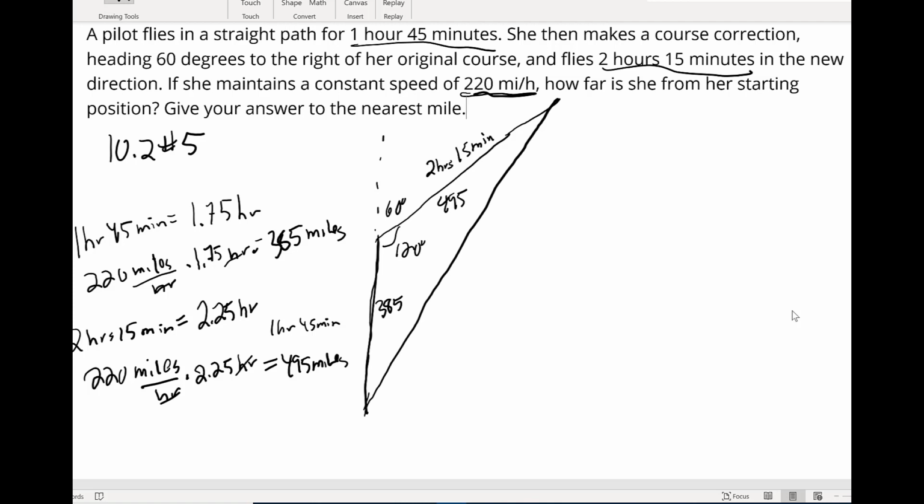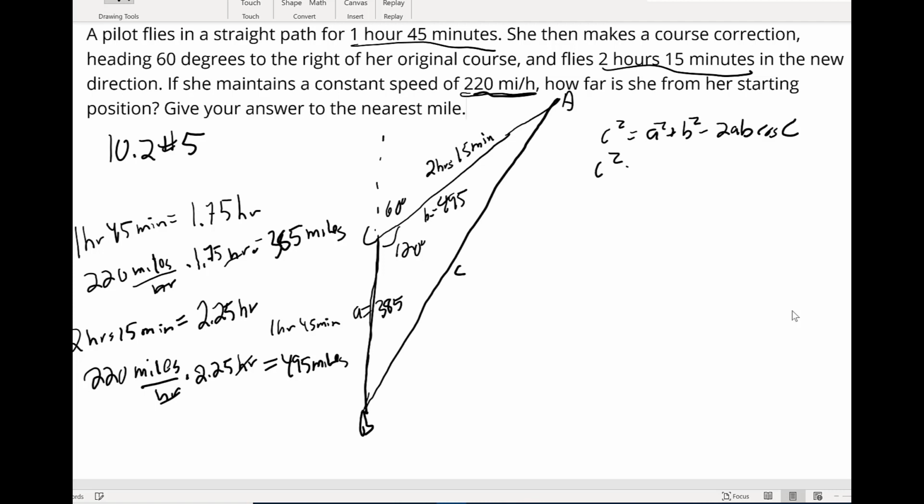So if we need to call it something, I'll call this A, call this B, this makes this little b, makes this little a, and this is c. We would say c squared, by the law of cosines, equals a squared plus b squared minus 2ab cosine of angle c.